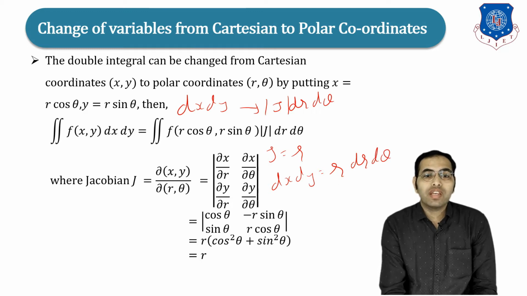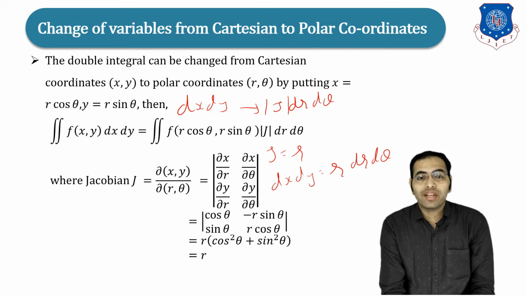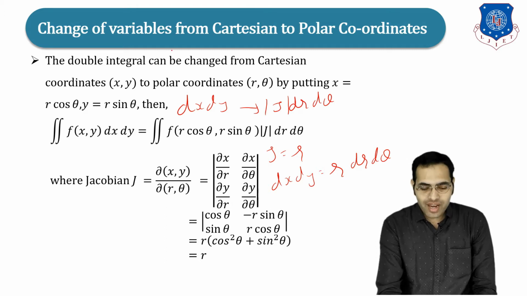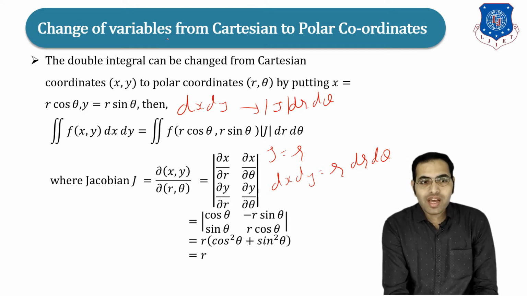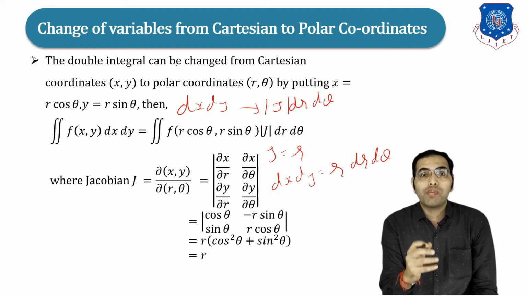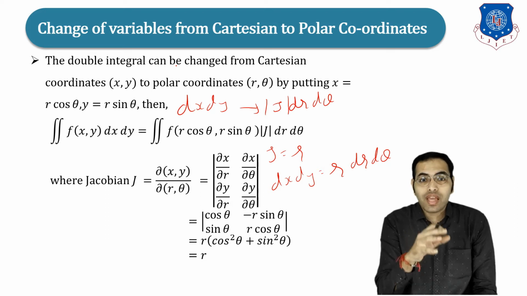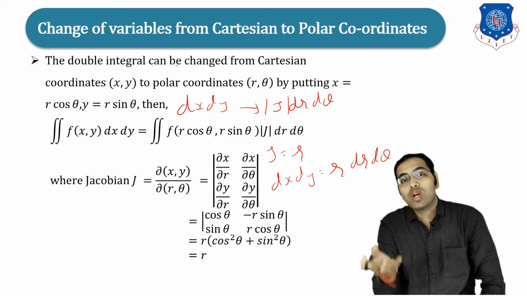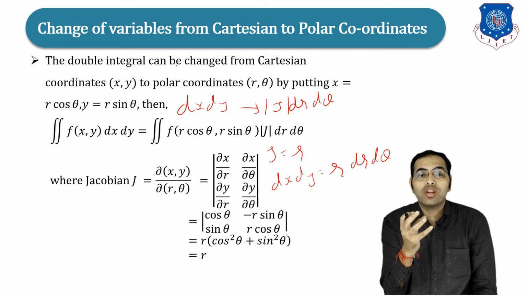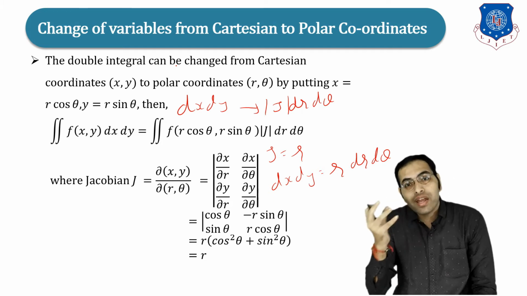Whenever we convert Cartesian to polar coordinates, dx dy is replaced by r dr d theta, x is replaced by r cos theta and y is replaced by r sin theta. Our function in Cartesian coordinates should also be converted into polar coordinates, that is, in terms of r and theta.